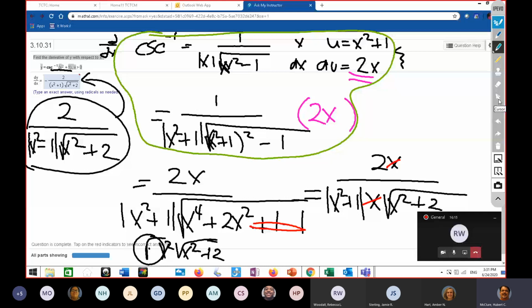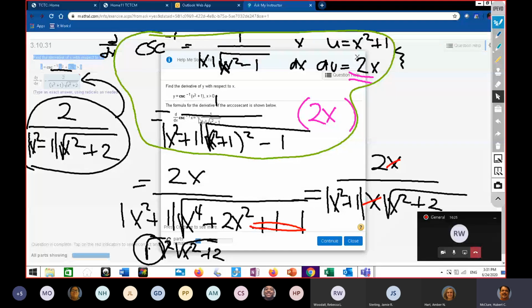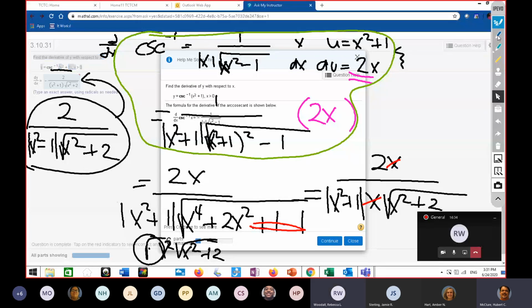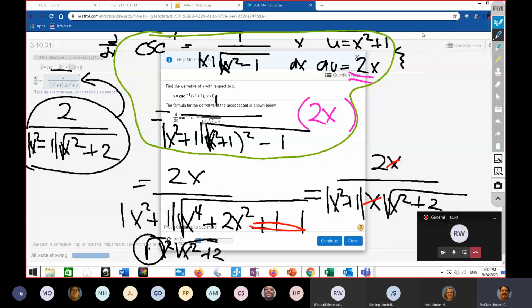Let's do help me solve this, and it'll show, yeah, it's negative right there. It's my bad. I forgot to put a negative. See the negative right there? Oh, I do see it. Cosecant is negative. I should have put a negative right here. Oh, okay. That makes sense. That's my fault.